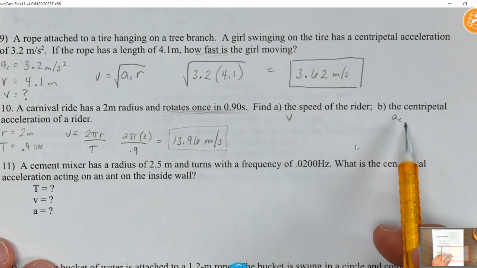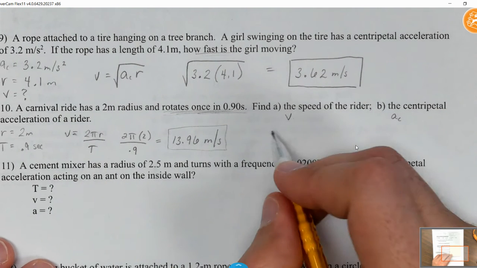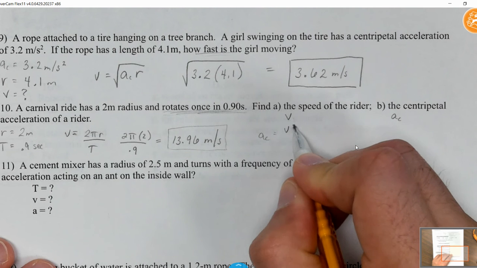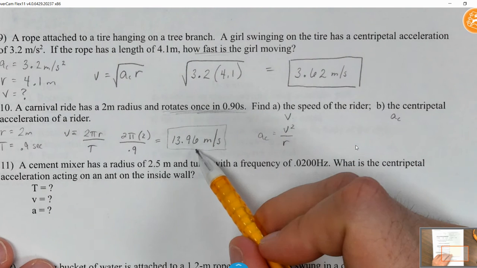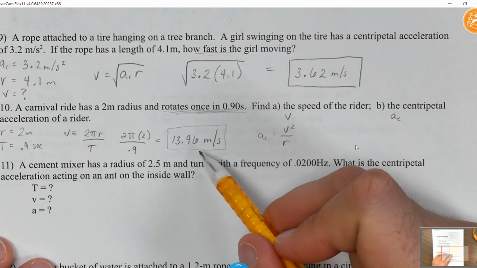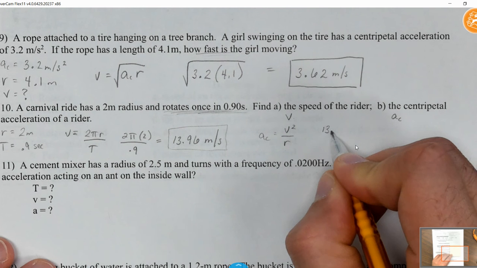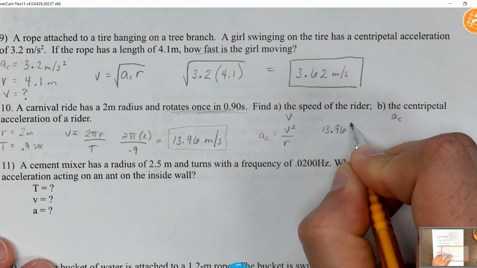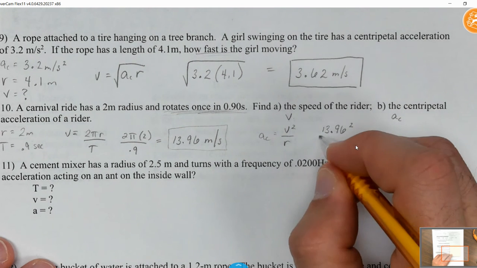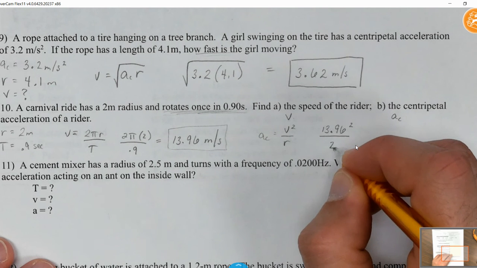Now for part B, to find the centripetal acceleration, you're going to use V, which you just solved for. So you would need to do 13.96 squared over the radius, which is 2.